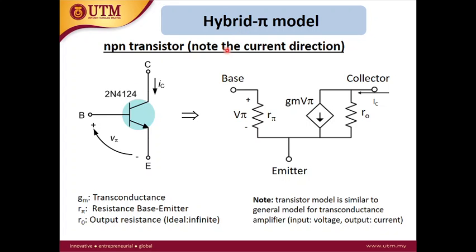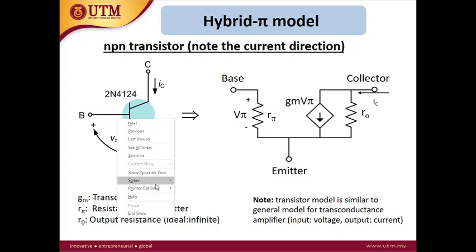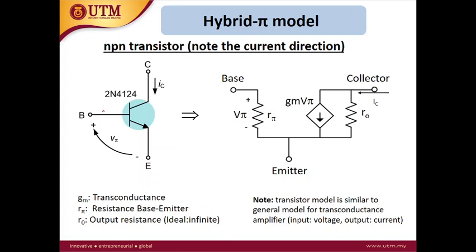But for the hybrid pi model, instead of considering the base current, we will use the voltage between base and emitter. V pi is the voltage at the base-emitter terminals. You need to take note that V pi is not the same as the VBE we used in the DC analysis.